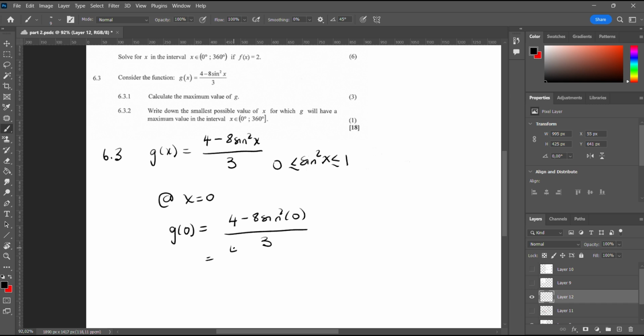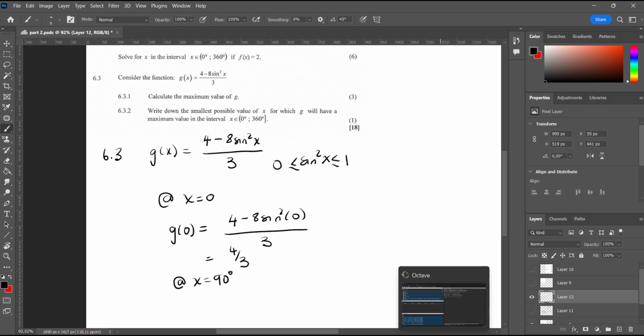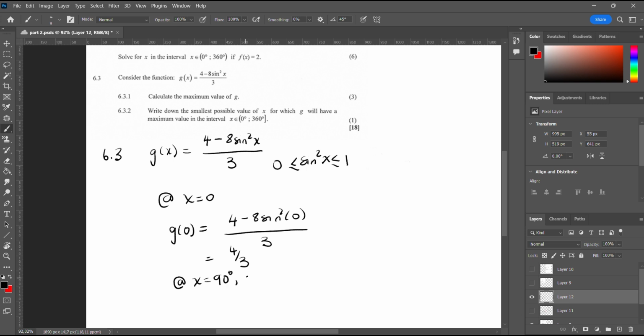That equals 4 over 3. At x equals 90 degrees, for the demonstration I'm going to be using radians.